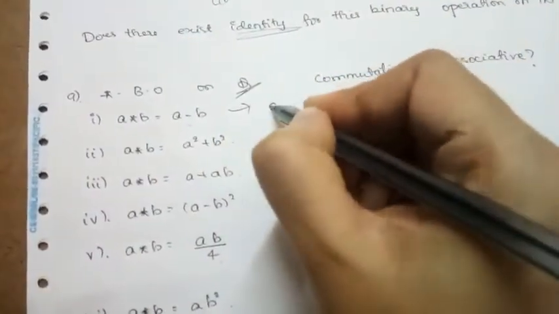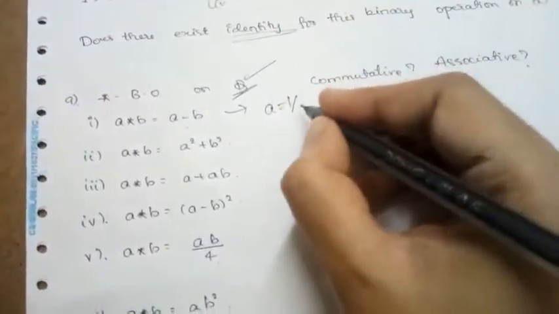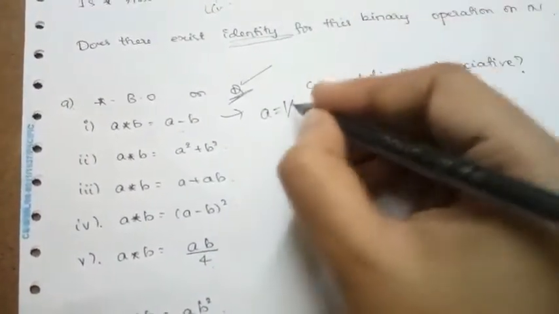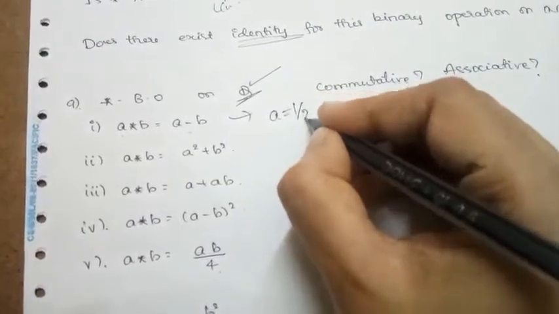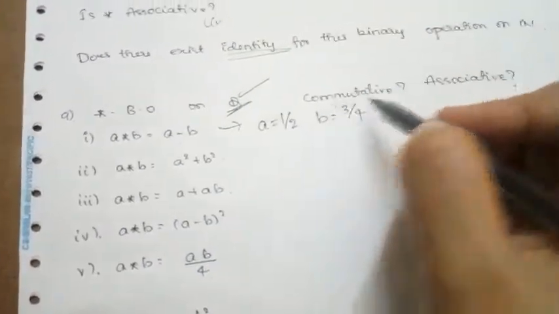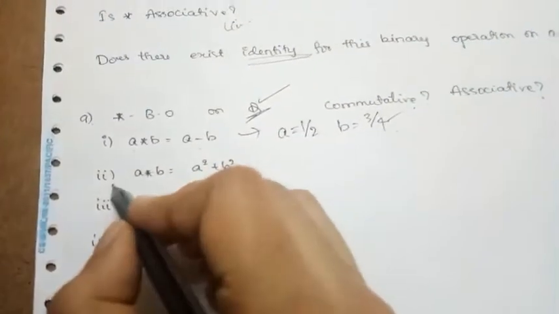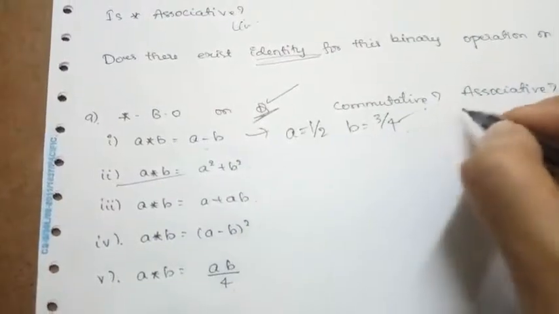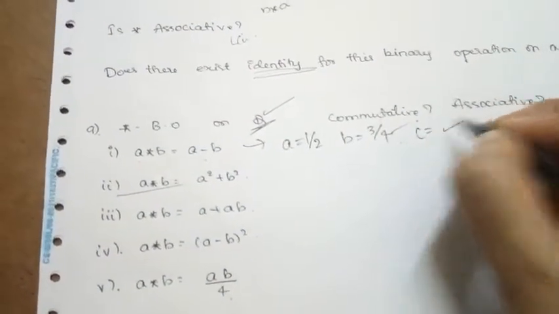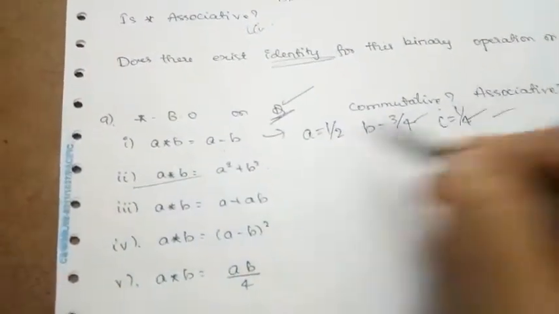Take one random example, since it is defined upon the rational numbers, say A as 1 by 2 and B as 3 by 4, whatever. You can take any two numbers and check it by yourself. The next is to check associativity by taking another value for C, and check it by yourself. So this is left to yourself.